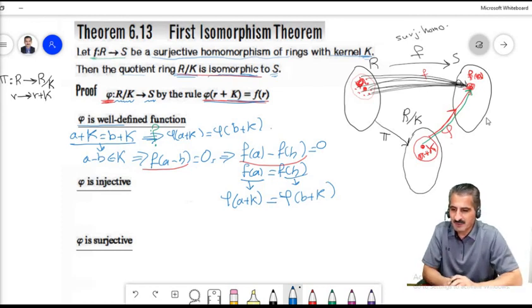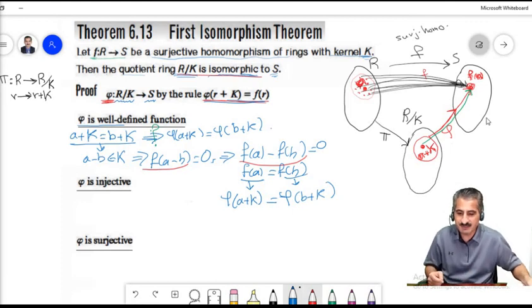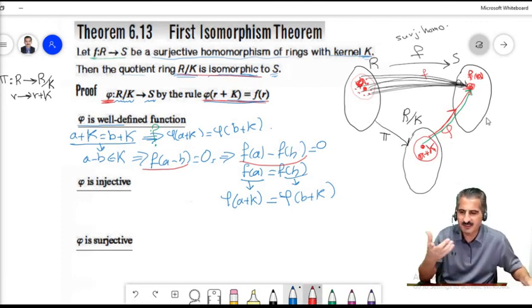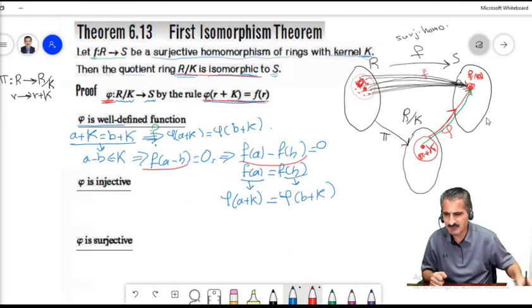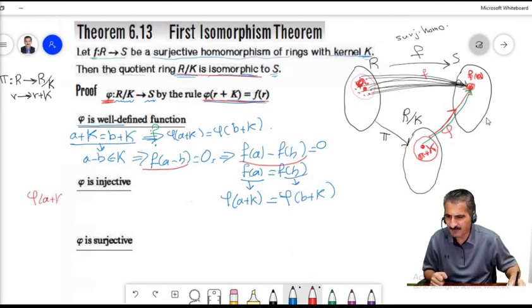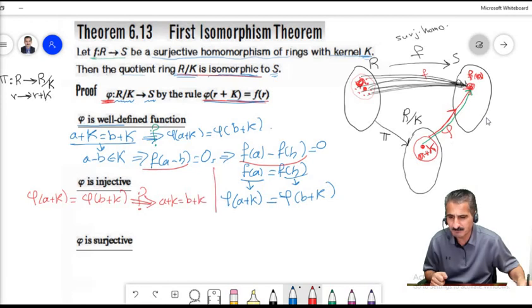Now I want to show injective, which looks like the converse of well defined. I want to show that if phi of a plus K equals phi of b plus K, then these cosets are equal.